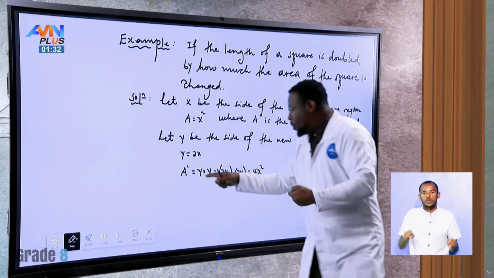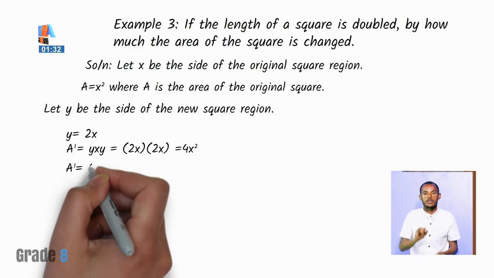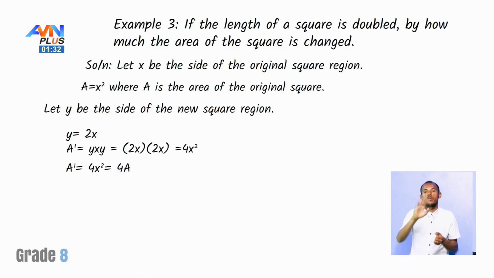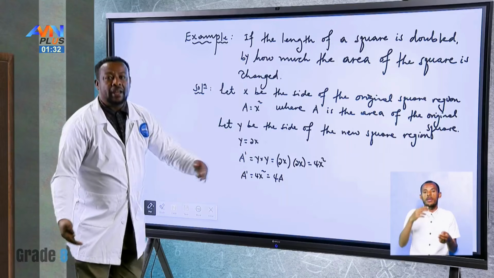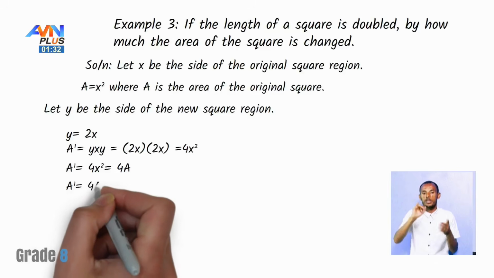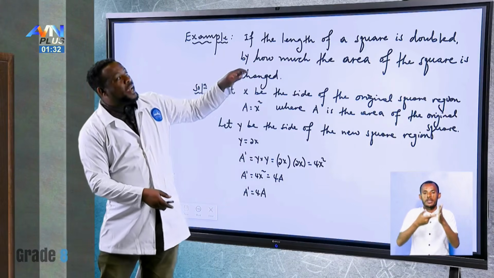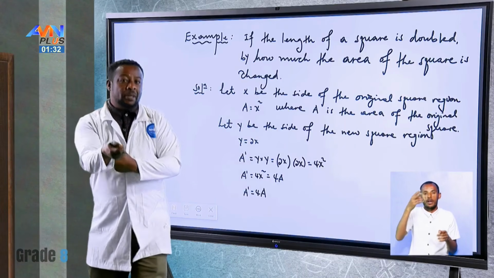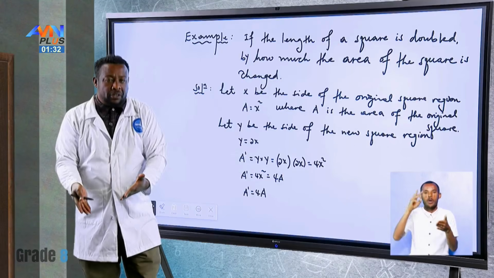So A prime is 4 times x squared, which means 4 times A. So we can relate A prime and A in this form: A prime is equal to 4 times A, which means when the side of a square is doubled, the area of the new square will be quadrupled.